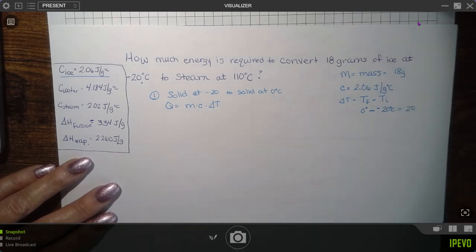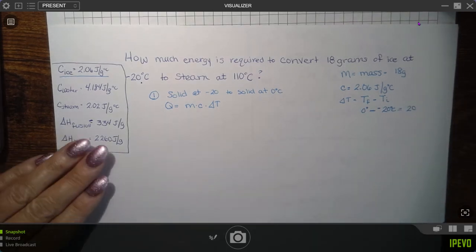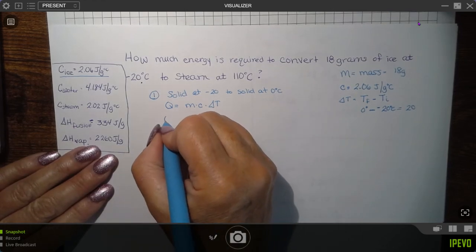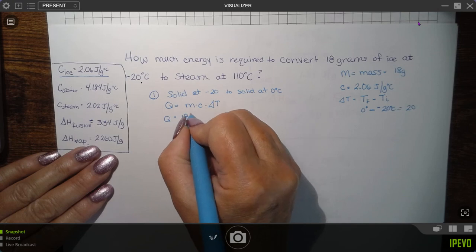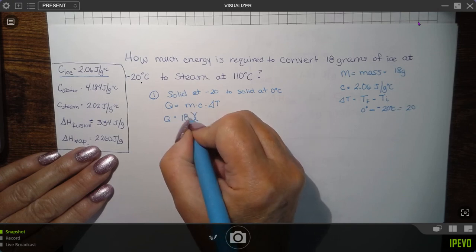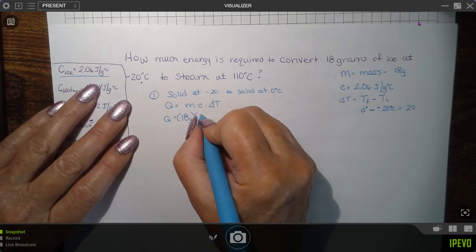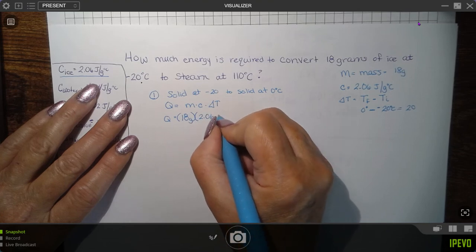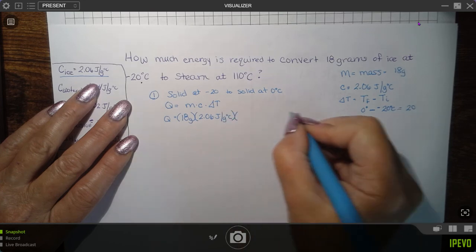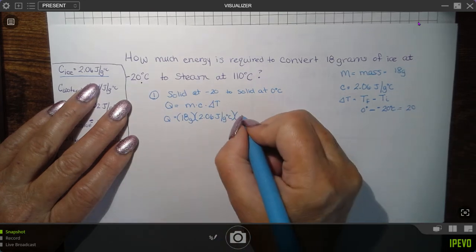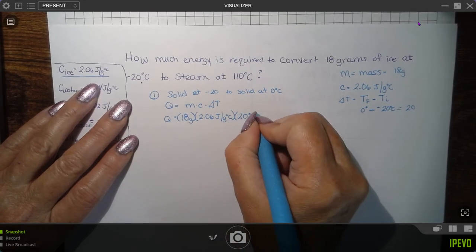I'm going to plug things into this formula to start. Q is going to equal the mass, 18 grams, times the specific heat of ice, 2.06 joules per gram degrees Celsius, times our delta T, which is 20 degrees Celsius.